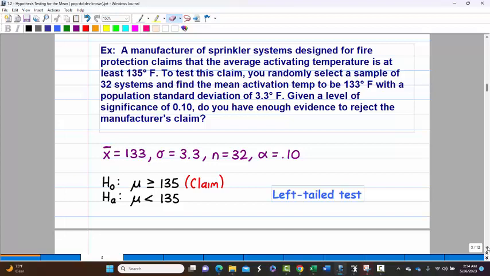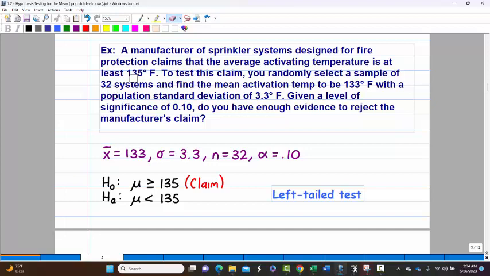Now, let's be careful. Let's see how we set up the H0 and the Ha here. The claim is at least 135. At least, symbolically, is greater than or equal to.